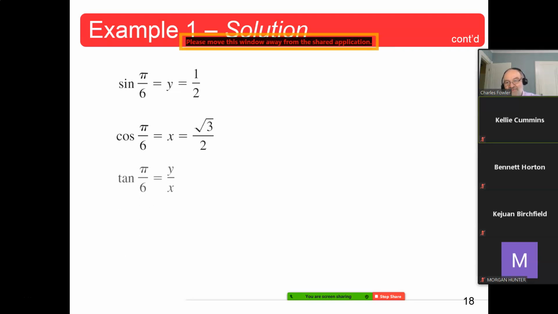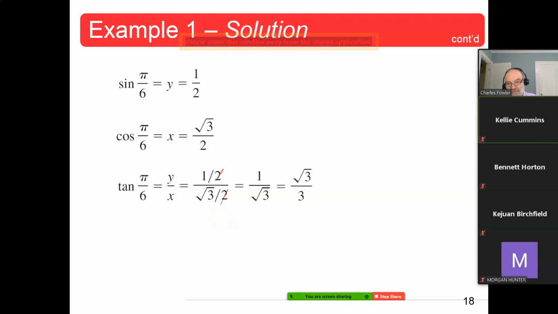The tangent is the ratio of those, which is 1/2 over root 3 over 2. The 2s can divide away, leaving you 1 over root 3, which you can write as root 3 over 3. Then the cosecant is the reciprocal of sine, so that would be 1 over 1/2, which is 2.